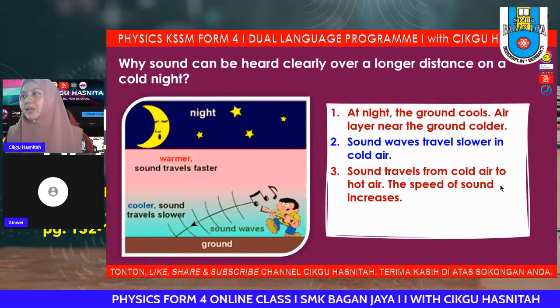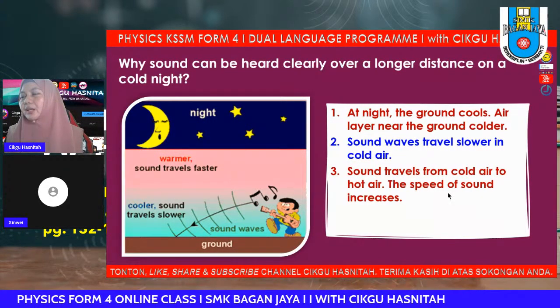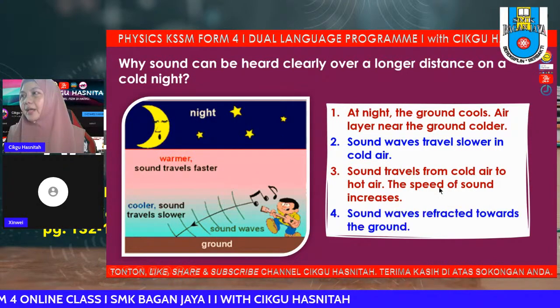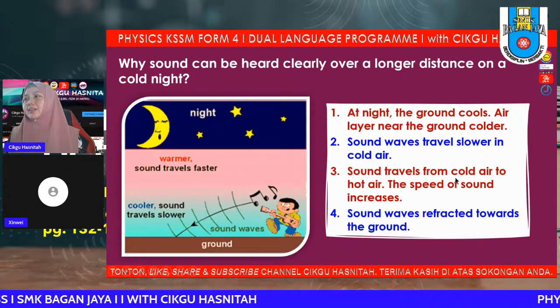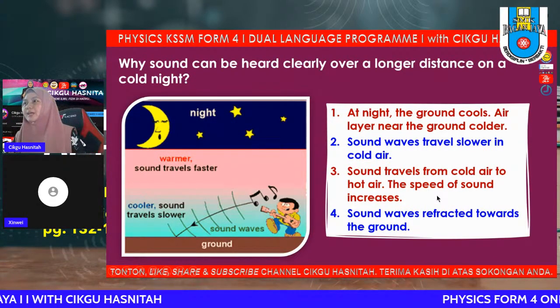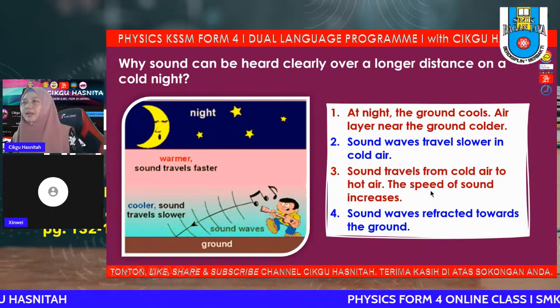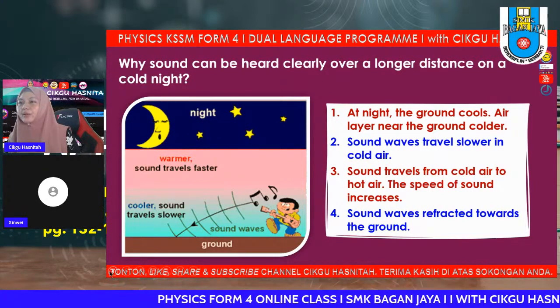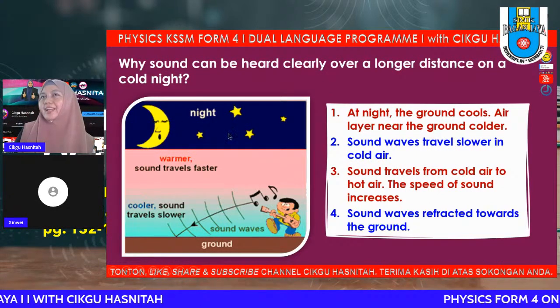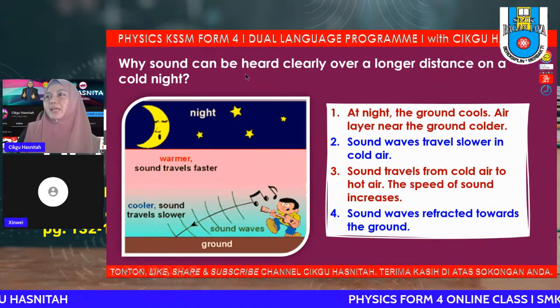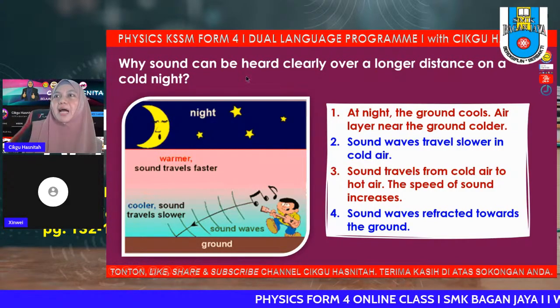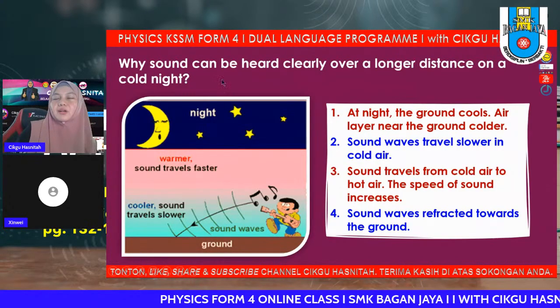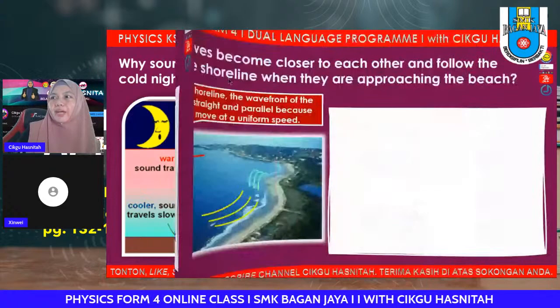Speed of sound increases. Then sound is refracted towards the ground. Okay, so you need towards the ground. Ini day and night. So at night we can hear sound more clearly compared to the day.